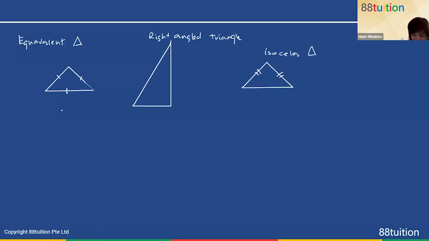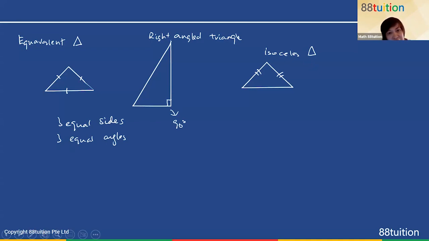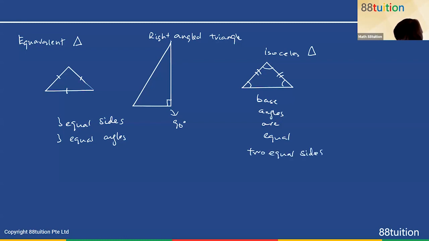Okay, now what you will have is 3 equal sides for the equilateral triangle, and you have 3 equal angles for it. This one, right angle triangle, must have a right angle which is 90 degrees here. For isosceles, they have base angles that are equal because they have 2 equal sides.